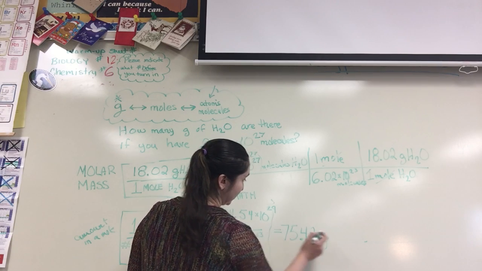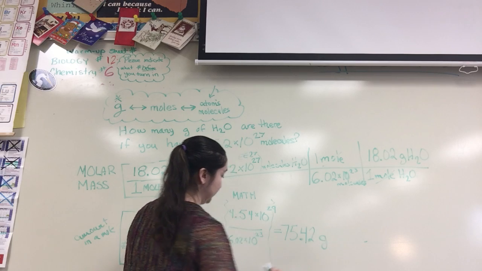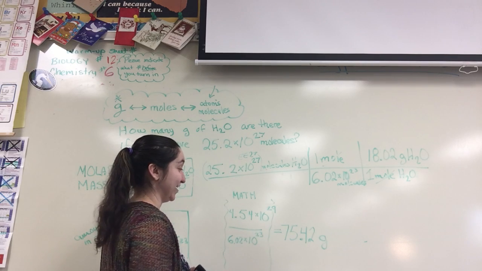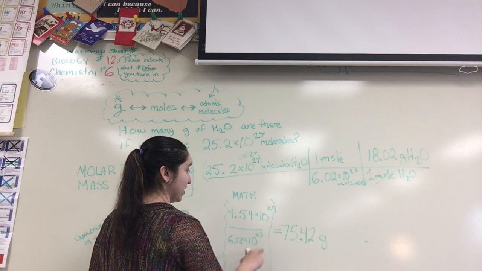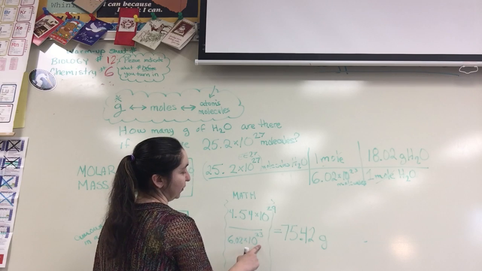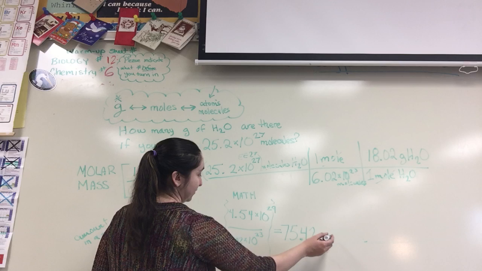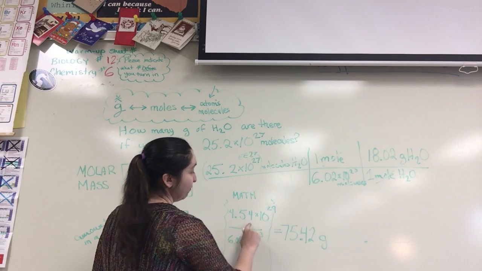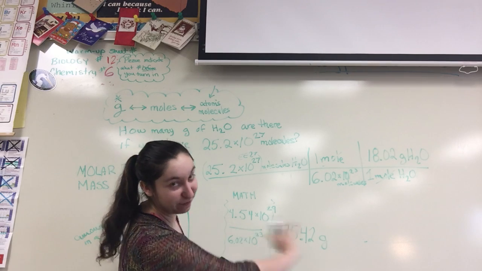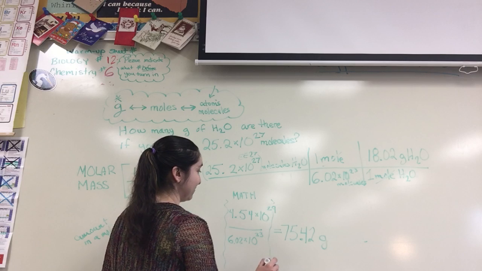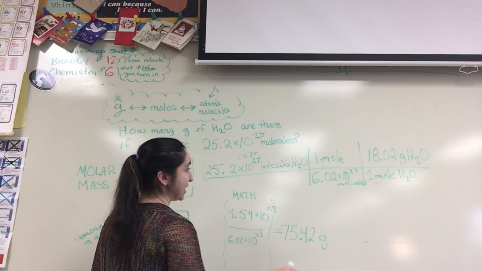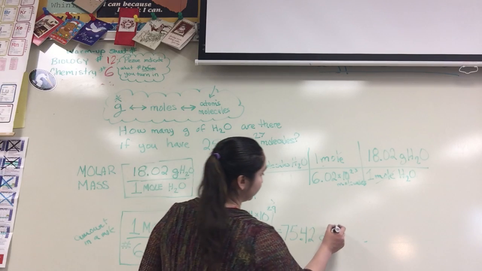That's why it's important to logic yourself through this. Also, that would be a lot to weigh out on a triple beam balance in the back, right? All right, so this should be in grams. It's a large number over a small number. So I know that there's going to be more than one of it, but it shouldn't be like thousands here. We're not that many powers off. Grams, and what are we talking about?